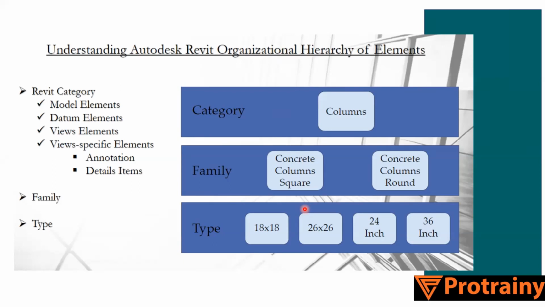If you don't want 18 by 18 but you want a 12 by 18 column, for example, when you're designing a structure and you know the load is decreasing as you go upward, you gradually decrease the size of your column, and you can edit that. The software also allows you to create your own library, and you can save it if you want to use the same column size in a different project. This is also a very big benefit for you.